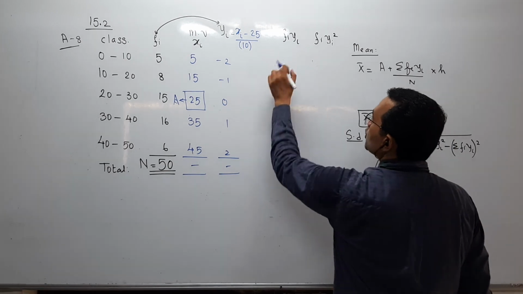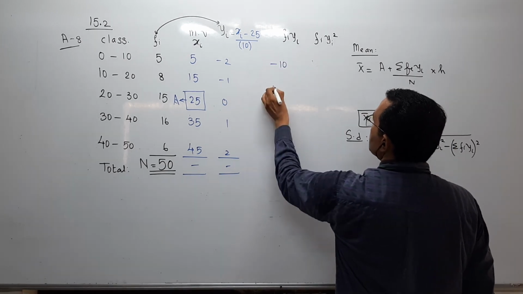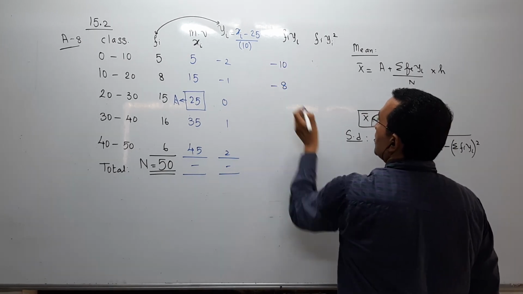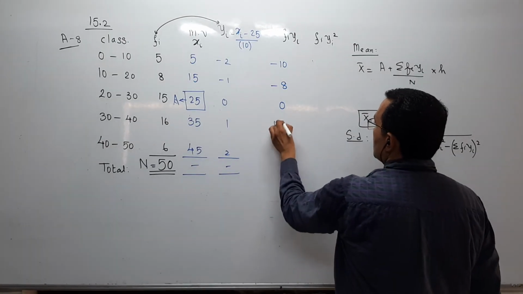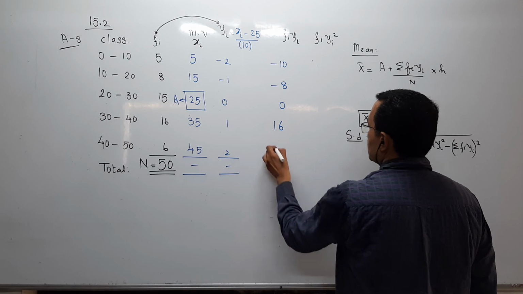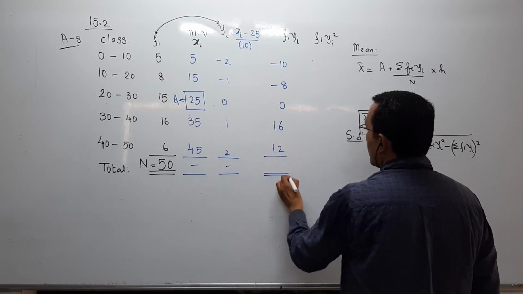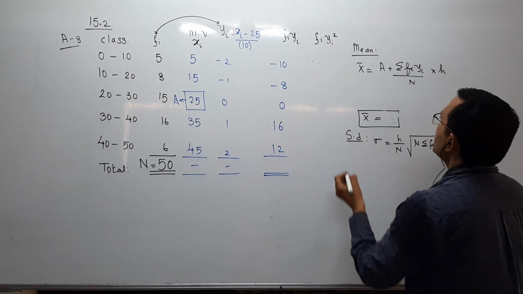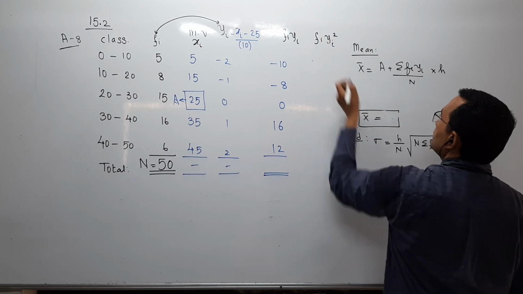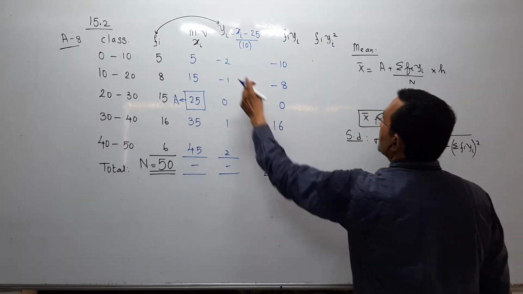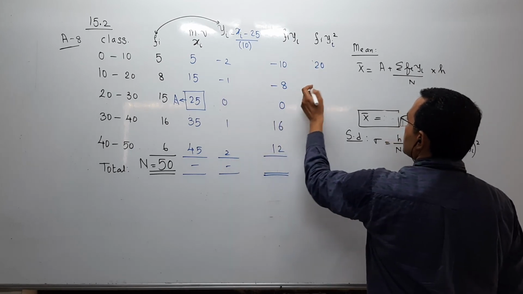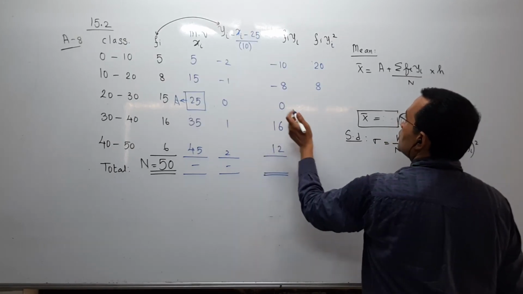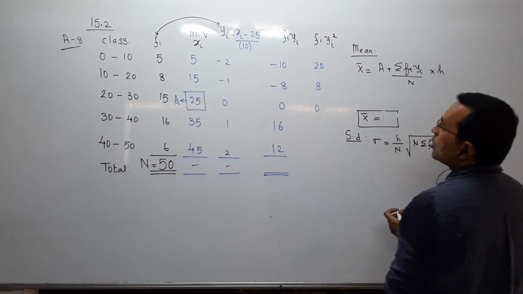Fi, 5 into minus 2, so minus 10. 8 into minus 1, so minus 8. 15 into 0 is 0. 16 into 1 is 16, and 6 2s are 12. Fi yi square, which is Fi yi into yi. Minus 2 into minus 10 is 20. Minus 1 into minus 8 is 8. 0 into 0 is 0.